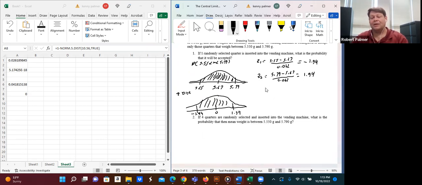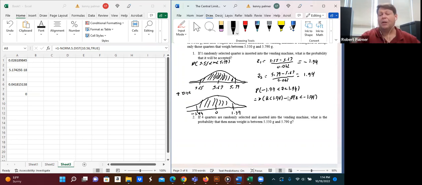The way to do that in Excel, in terms of z, is that the probability that you're between negative 1.94 and 1.94 is the probability that z is less than 1.94 minus the probability that z is less than negative 1.94. So subtract the smaller from the larger. Let's do that in Excel.